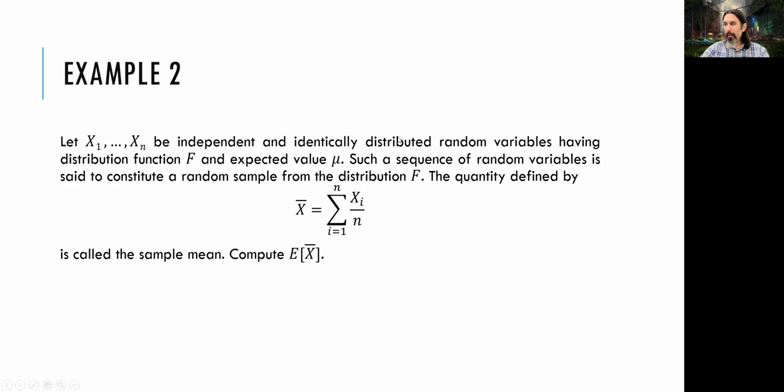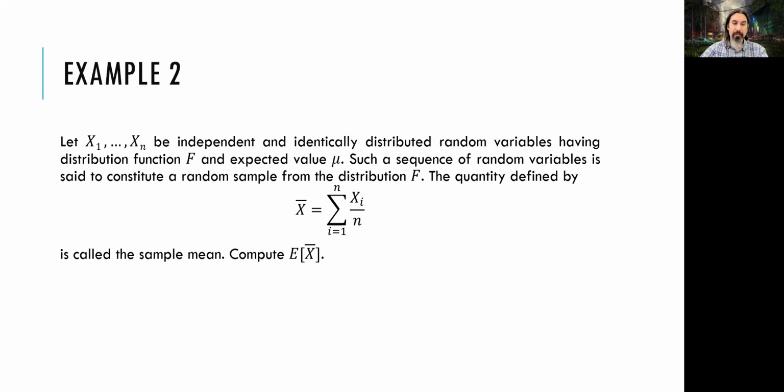For example, it says that let x1 to xn be independent and identically distributed random variables having the distribution function f. We don't know the distribution function, but they all have the same distribution function and expected value mu. Such a sequence of random variables is said to be a random sample from the distribution f.